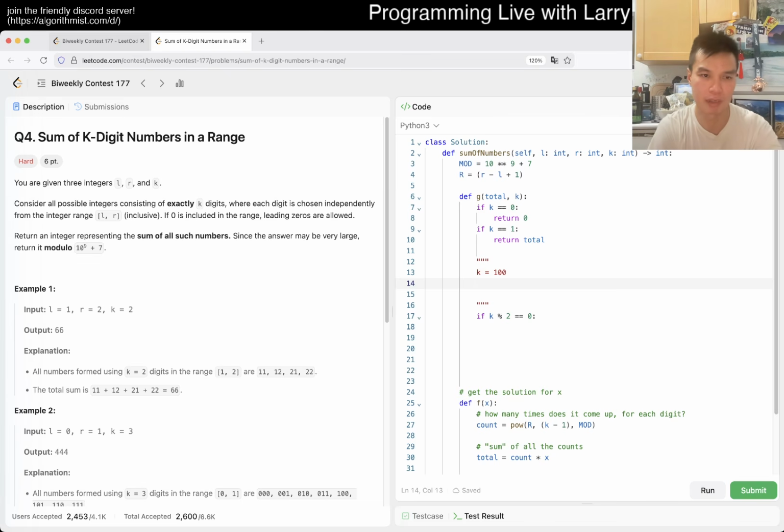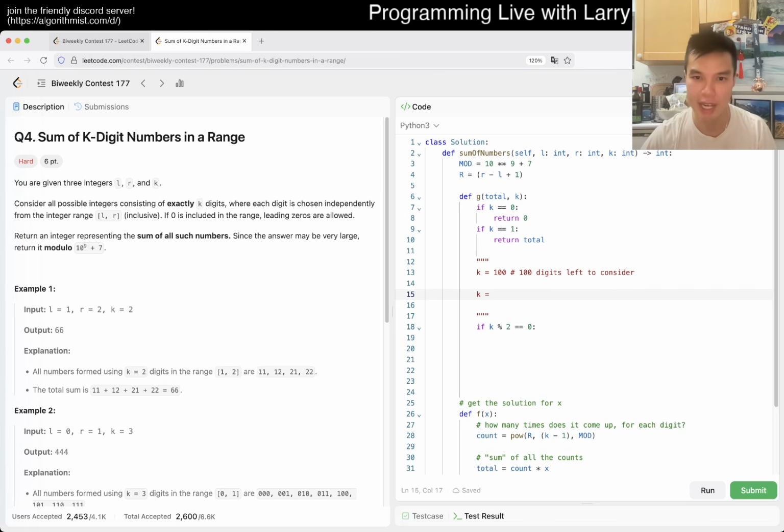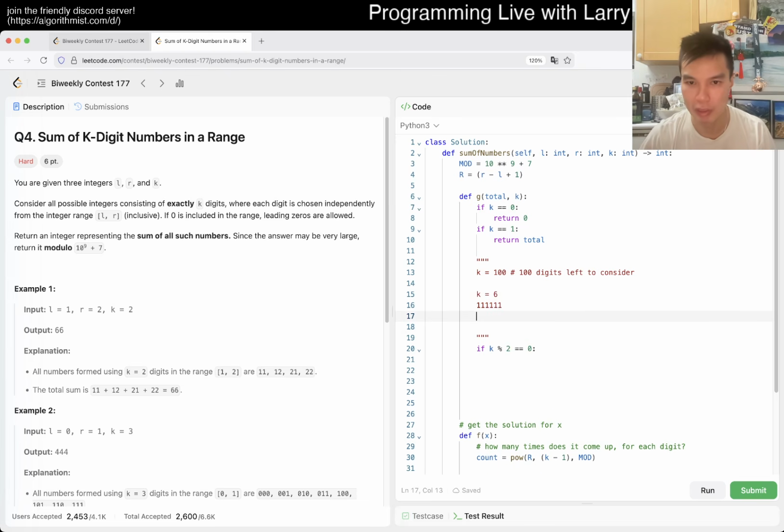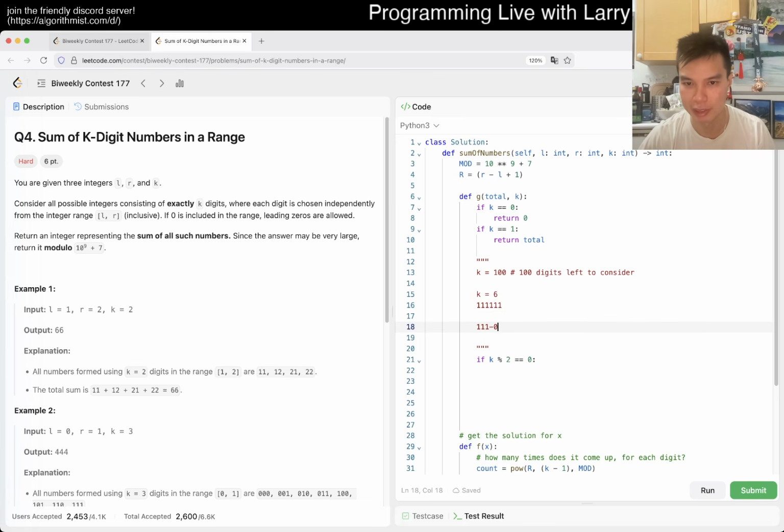The way that I'm writing it is confusing, but that means that we have 100 digits left to consider. Let's try something smaller. If k is equal to 5, that represents that we have to do one, so we have to multiply total by this number so that we have represented it for each digit. That's how I'm thinking about it. Let's say 6 for an even number for now, and then the divide and conquer is that we want to divide this into left and right.